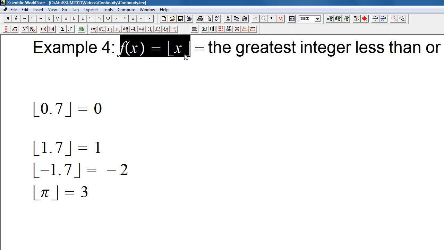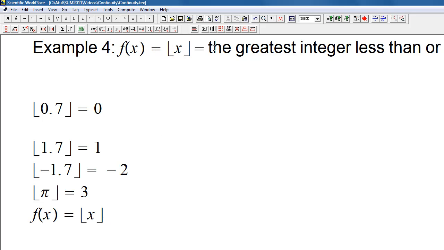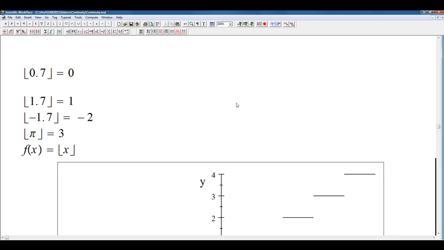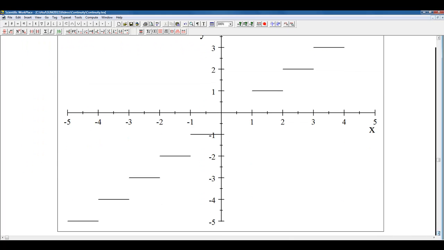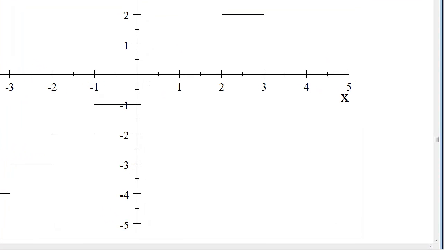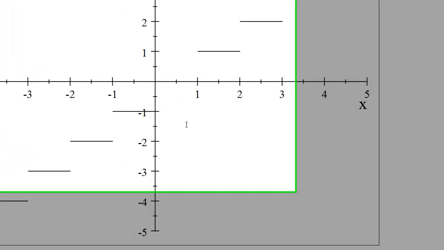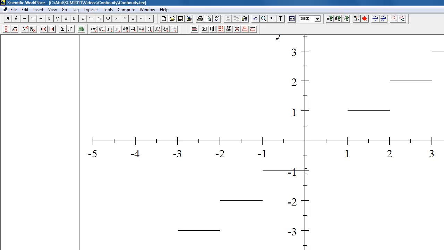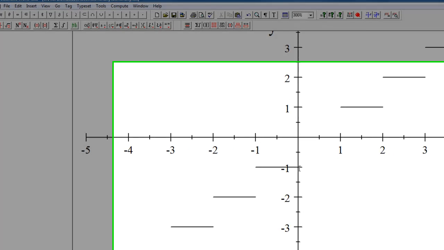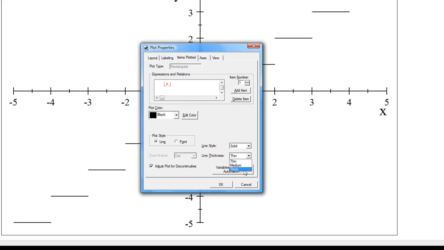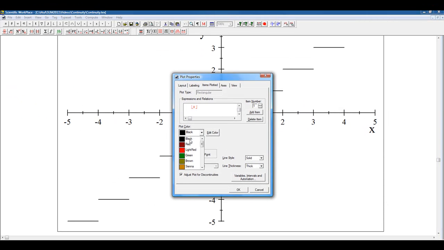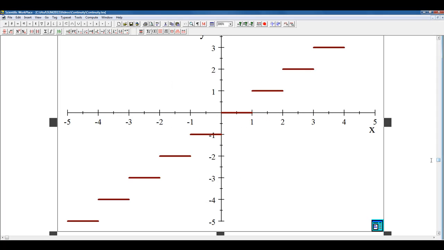If you look at this function here, it has many points of discontinuity. It is discontinuous at every integer value, and here you see it extending further on this side. Actually, there is a little different thing.